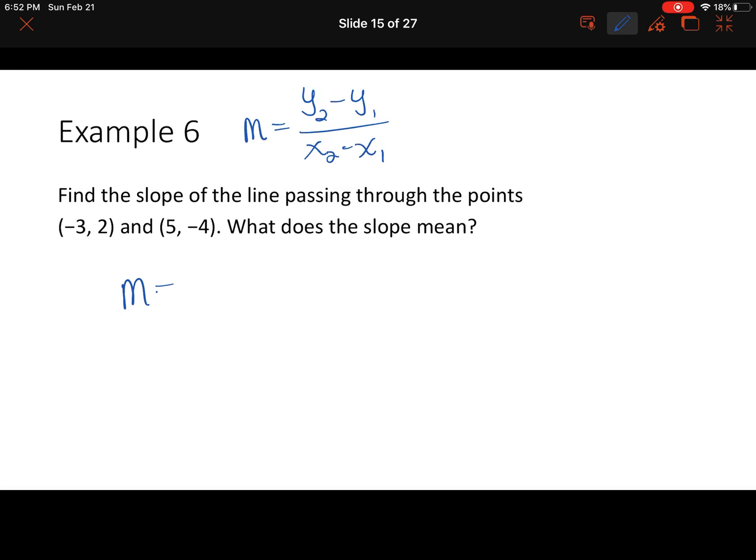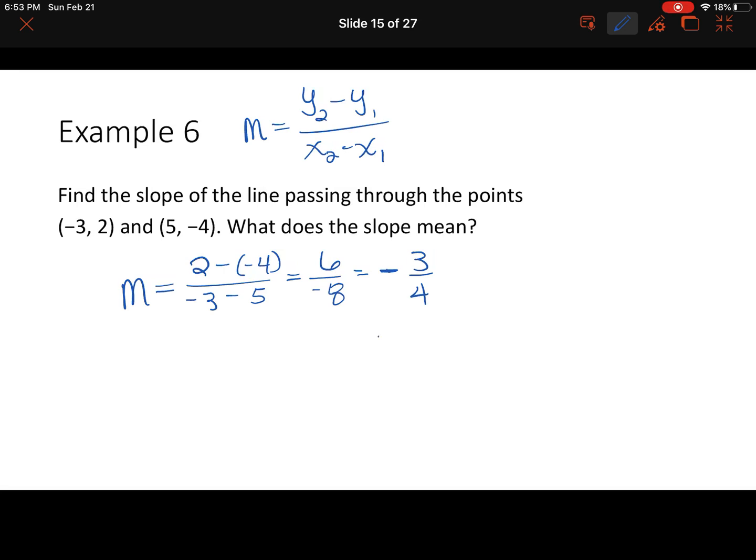So you have m equals 2 minus negative 4 over negative 3 minus 5. That gives us 6 over negative 8 equals negative 3/4. What does the slope mean?